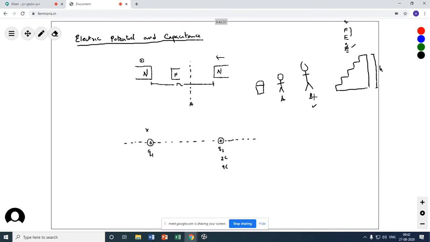So how much work are you going to perform to bring a unit test charge? We're going to see that. So what is electric potential? Electric potential is mathematically explained as the work done per unit charge.